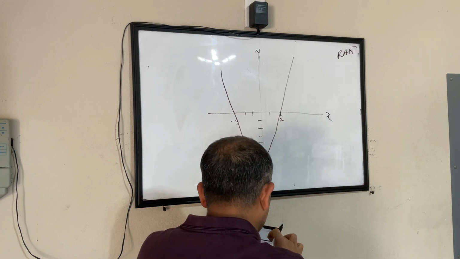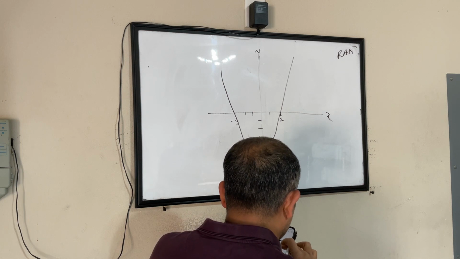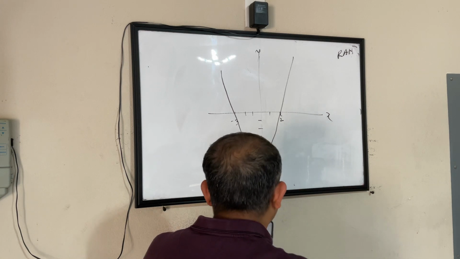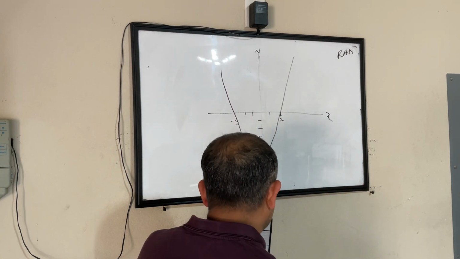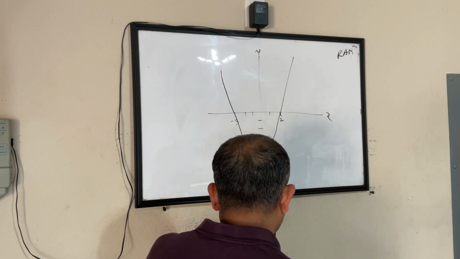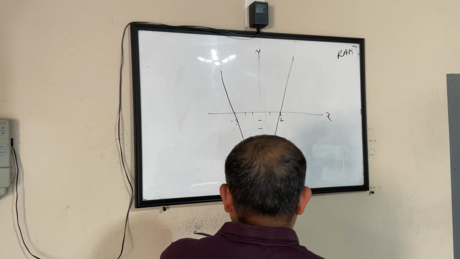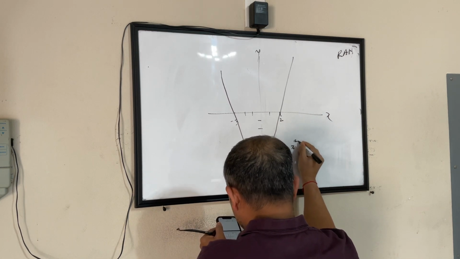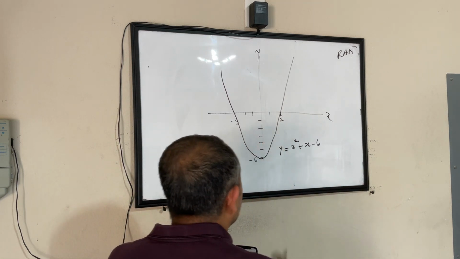That's why I have plotted those numbers here, so that you can visualize this. Now I'm reading the question one more time. Which of the following is an equivalent form of the equation of the graph shown in the xy plane? So this is the graph shown in the xy plane. And we know where it is intersecting. Where it is intersecting the y-axis also. Okay? And the equation of parabola is also given as y equal to x squared plus x minus 6. So this is what is given to us.